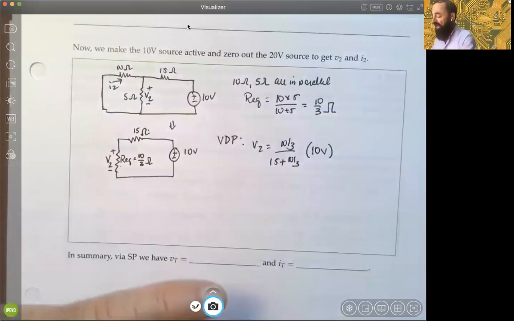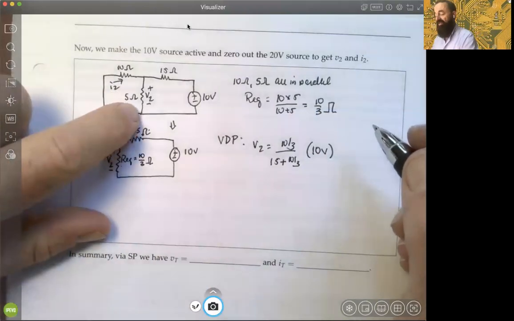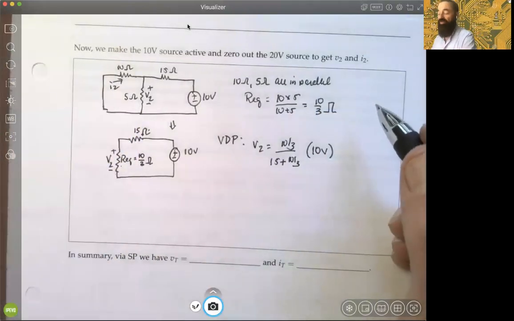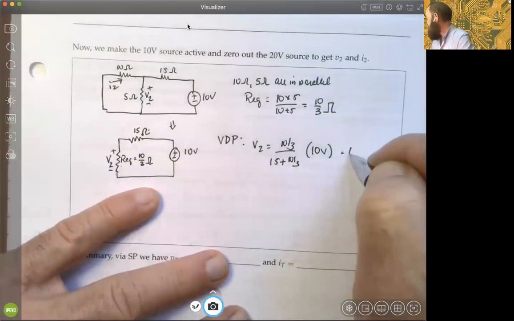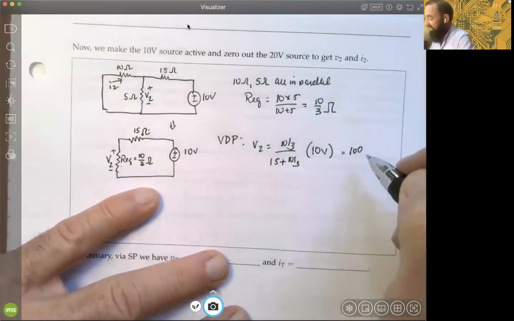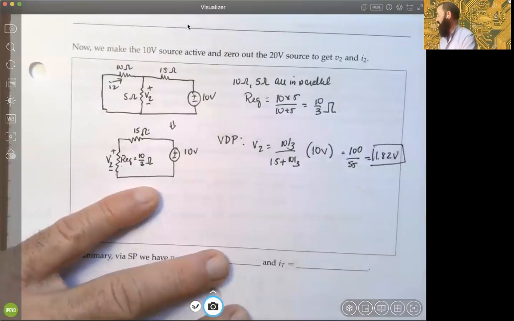We will have through that resistance there, which would correspond to the voltage through the 5 ohm resistance. And if we do a little calculation here, you should get 100 over 55, a little less than 2, so it's about 1.82 volts. There we go.